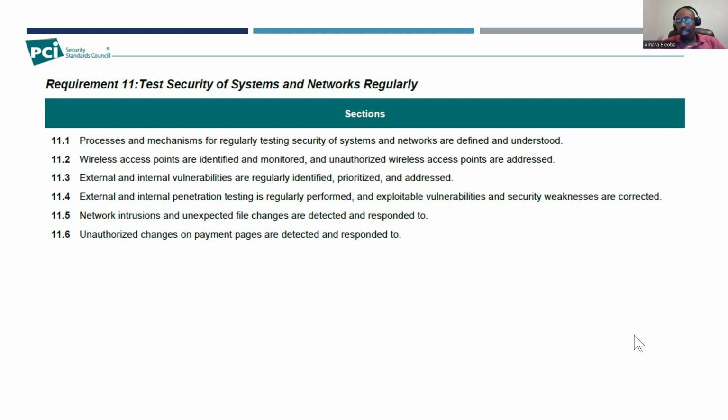Then once it's corrected, the vulnerability team and the penetration team need to perform another test to make sure that that vulnerability was addressed, because you need that report to prove to the QSA that that vulnerability was indeed addressed.